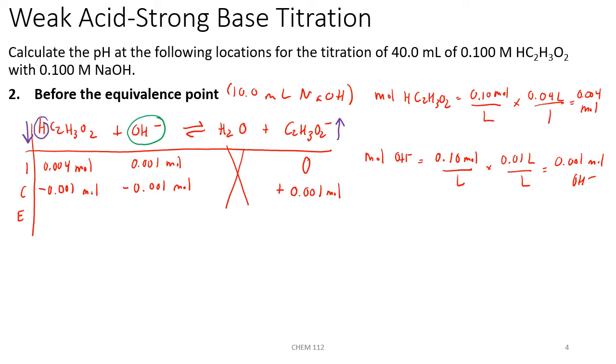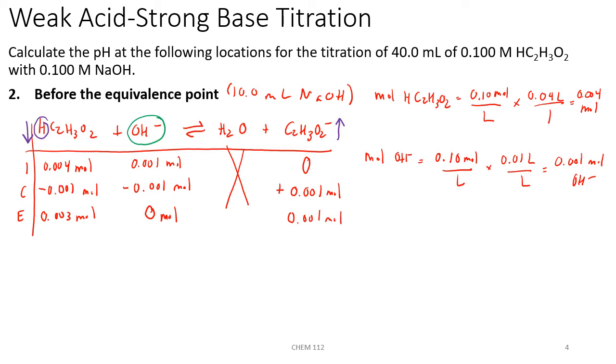So after some of this neutralization has occurred, we're going to be left with 0.003 moles of our weak acid, acetic acid. We're going to be left with 0 moles of our hydroxide because it's been neutralized. And we've created 0.001 moles of acetate anion.